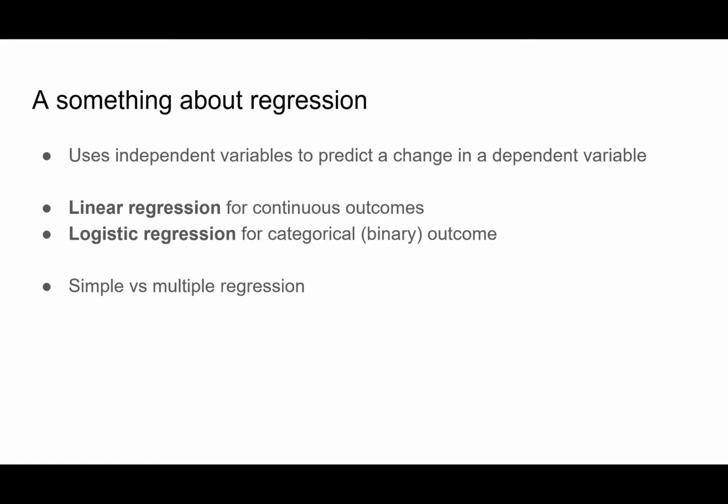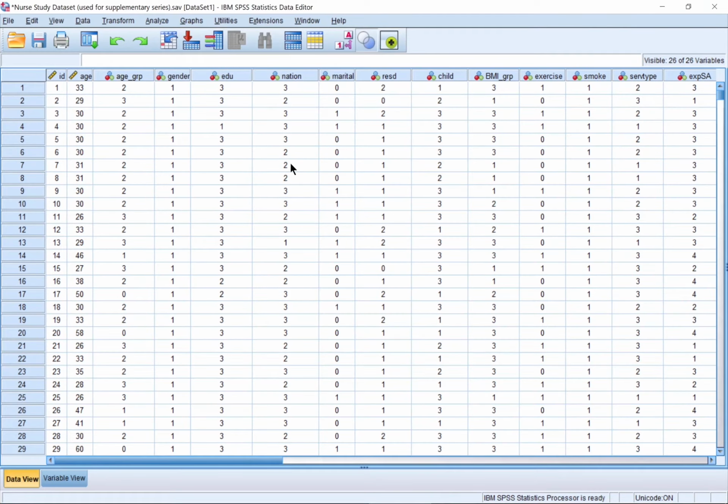So first we're going to start with applying the linear regression on our data. What we have here is a data set that has been collected. To collect the data, we sent a questionnaire to all the nurses in Qasim with the collaboration of the Ministry of Health in Qasim.